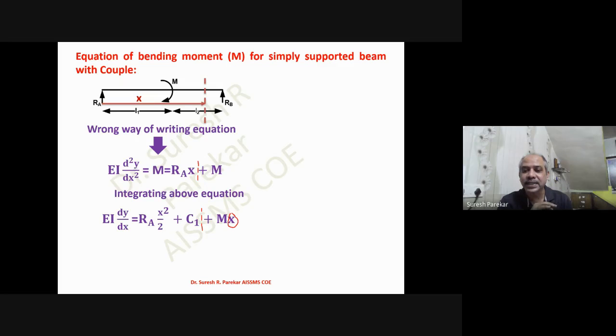To avoid it, we have to use that bracket. Because if I do not use x minus L1 here, then in your equation of slope it becomes mx instead of x minus L1. And x minus L1 indicates it is in the second compartment, because x is in the first compartment, and whenever you have a bracket, that goes to the second compartment.